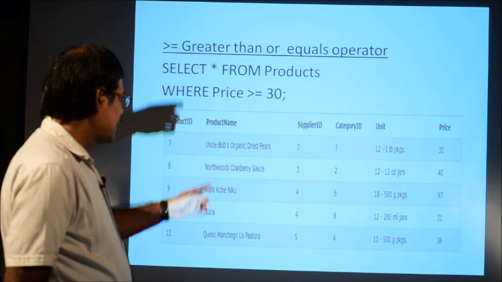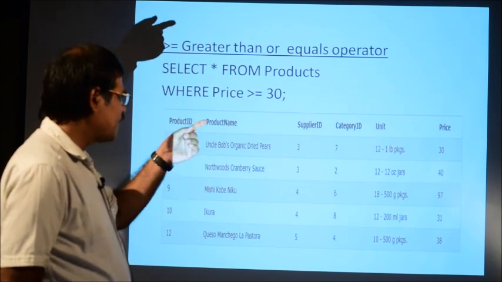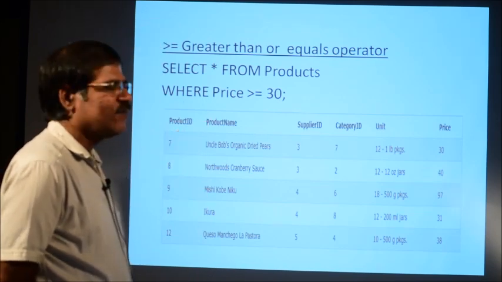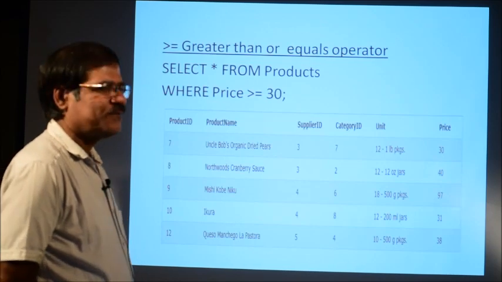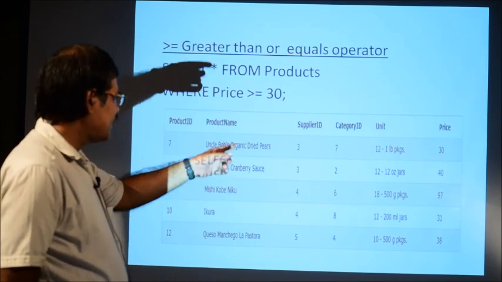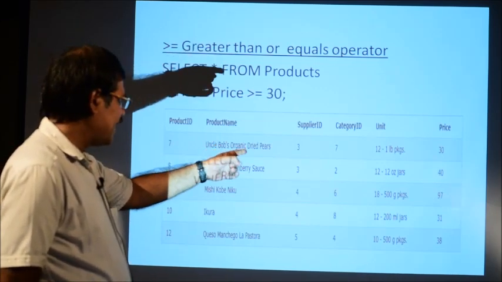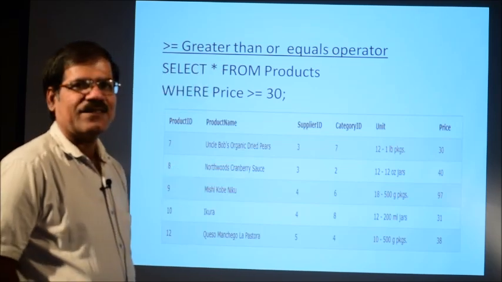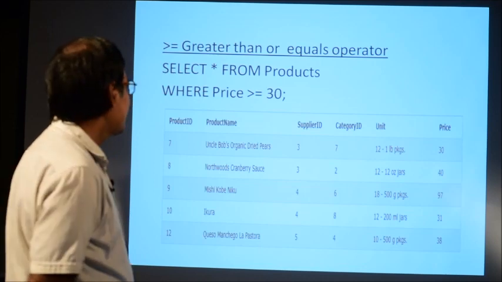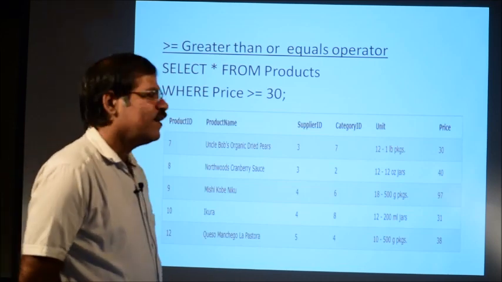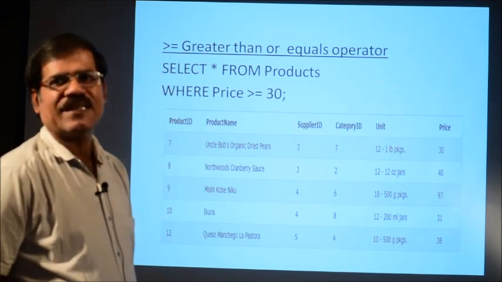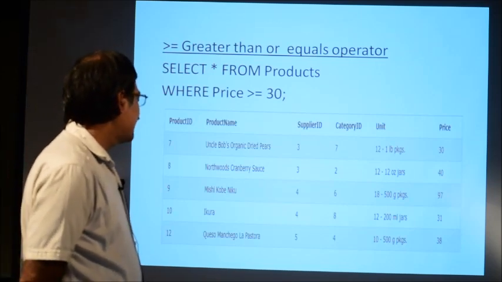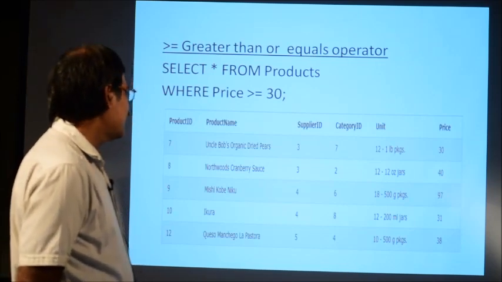You check here: the first record's price value is equal to 30, so the equal condition holds. Other records, 40, 97, 31, 38, are greater than 30. So either condition is satisfied, and greater than or equal to holds for this particular table.